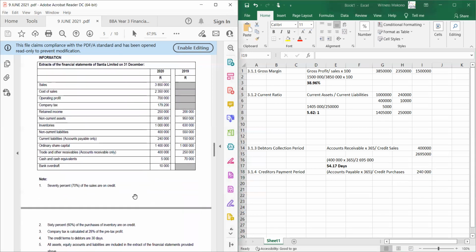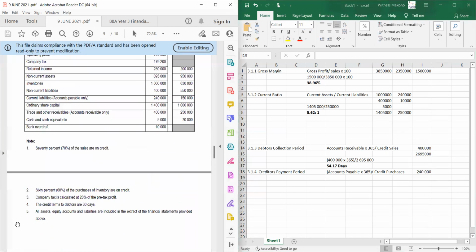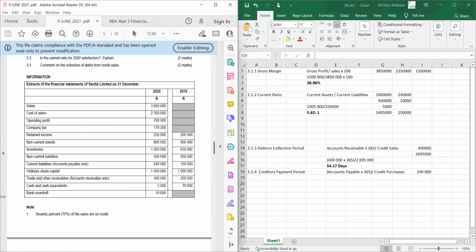We don't know credit purchases, but there's a statement here: 60% of the purchases of inventory are on credit. So what we need to do here is something that we did in our short essay, because we don't have the purchases figure. But we know something. Let me show you.